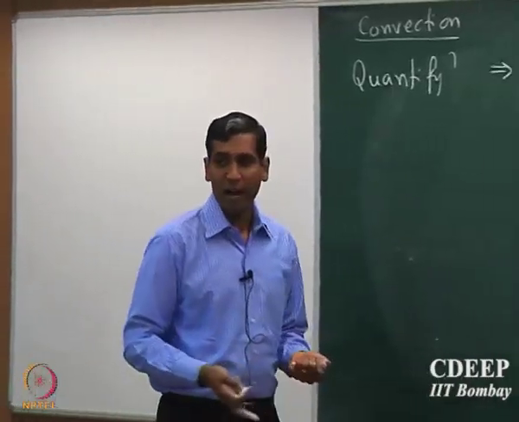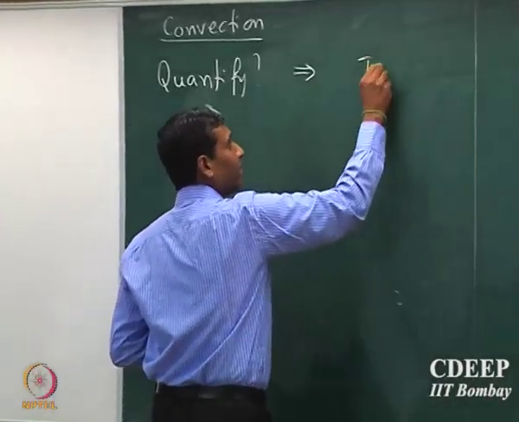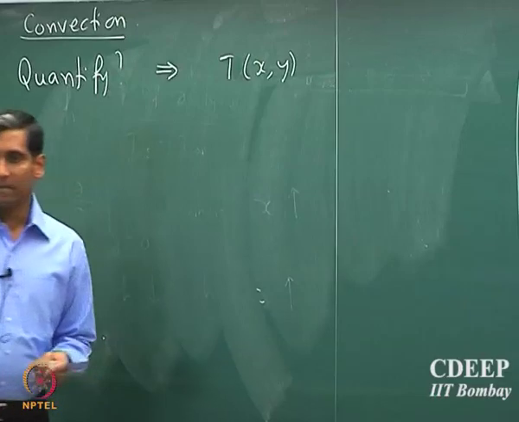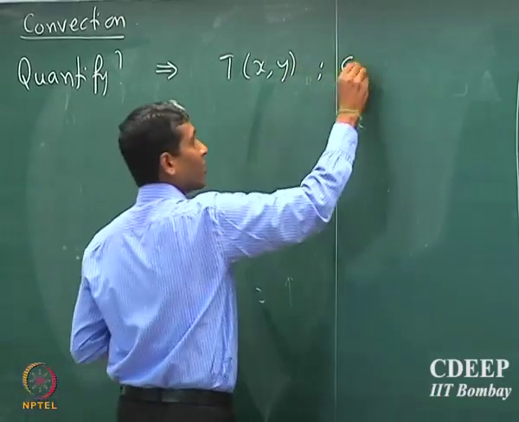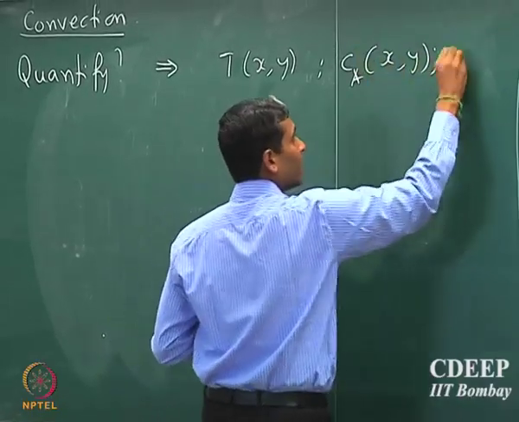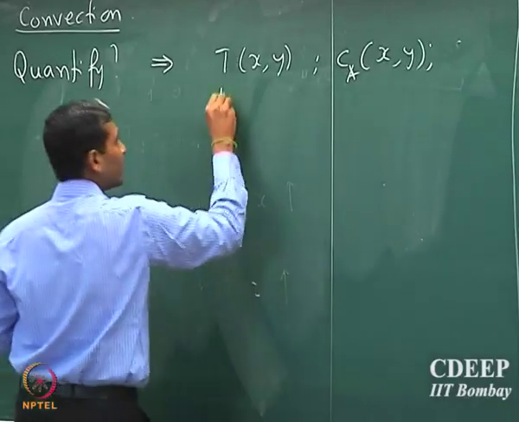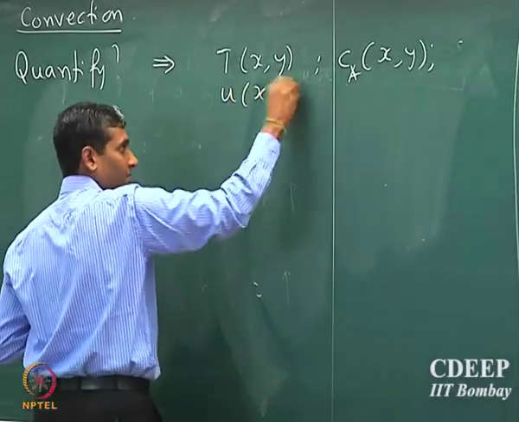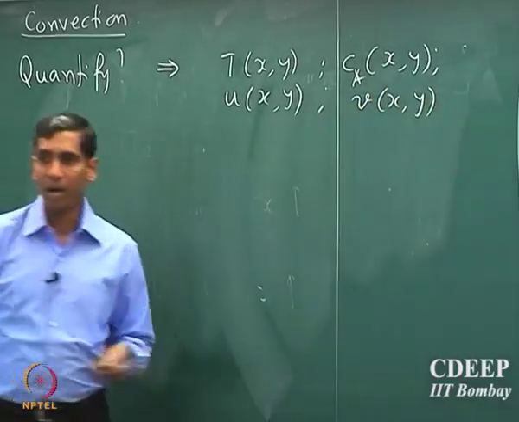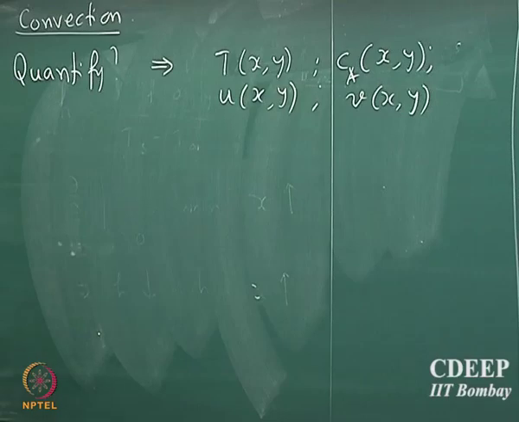So when you say quantify, you need the temperature profile as a function of x and y, you need the concentration profile as a function of x and y, and you need the velocity profile as a function of x and y, and you have two components. If it's a 2D system, you have two velocity components u and v, right?